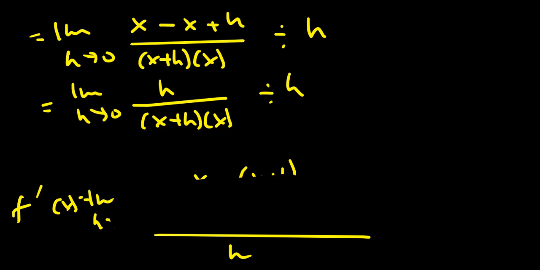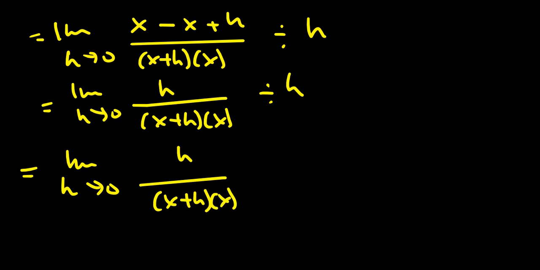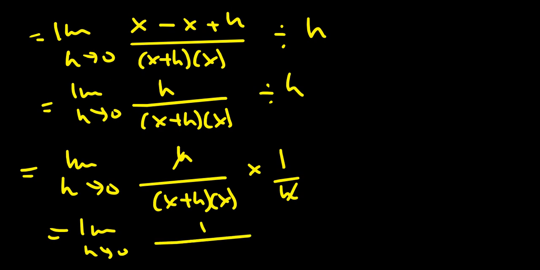Then from here, what do I have next? So what I can do is, I'll say this will be the limit as h approaches 0 of this function. Then I'll say h over x plus h, x, then that will be multiplied by, so there that will just be 1 over x, like that. And then this h divides that h, then I'll just have the limit as h approaches 0 of 1 over x plus h, then x.